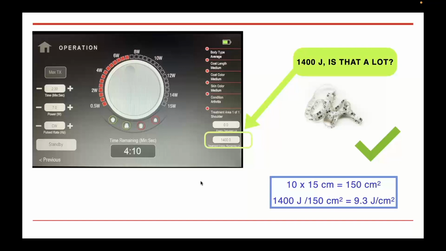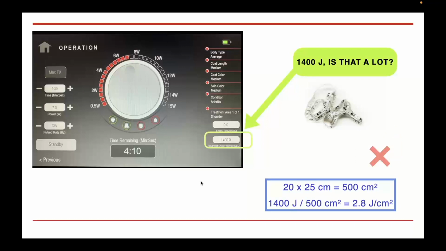That makes 150 square centimeters. So 1400 joules divided by 150 square centimeters gives a dose or energy density of about 9 to 10 joules per square centimeter, which makes sense for a shoulder with chronic pain.